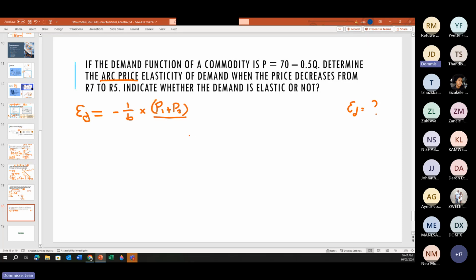Okay, so a bit different. Again, why I included it here, it would be interesting if there was anything of ARC price elasticity in your assignment, but again, it is nearly like one. If you go back to your chapter 2, ARC price elasticity is like 2 or 3 lines in your study guide.